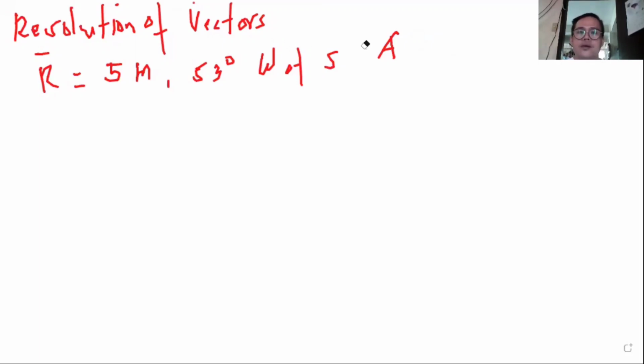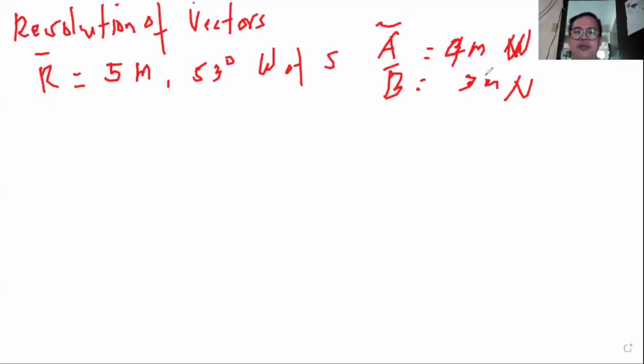So your vector A is 4 meters west, sorry, and then your vector B is 3 meters north. Then we have this resultant vector of 5 meters, 53 degrees west of south. So we will resolve this resultant vector again, and we will check whether your vector A is 4 meters west and your vector B is 3 meters north.